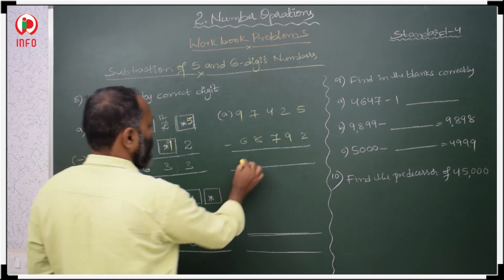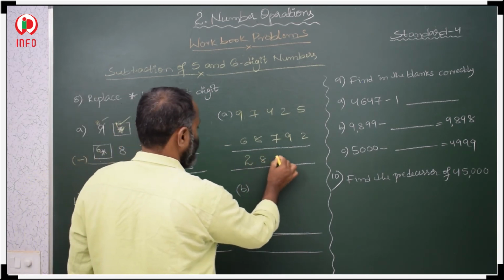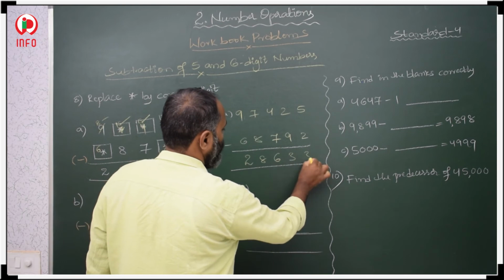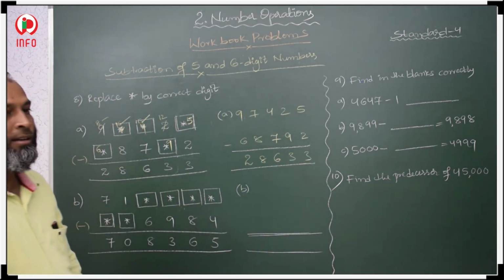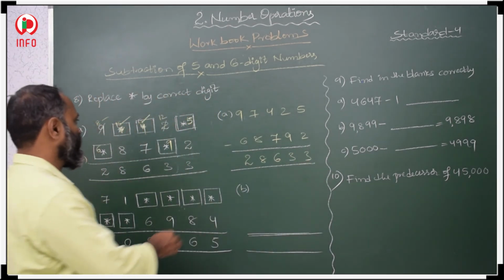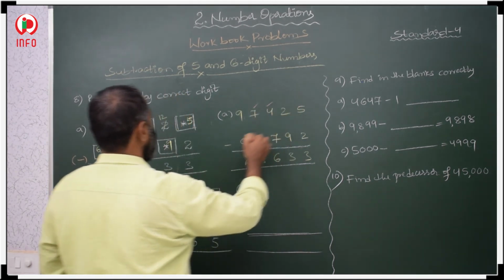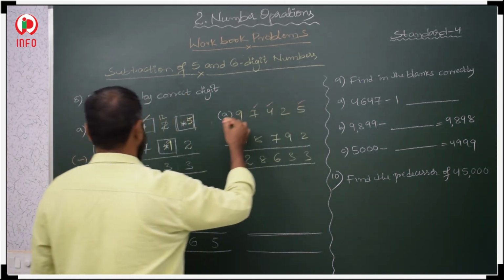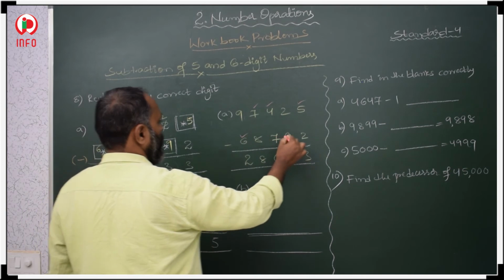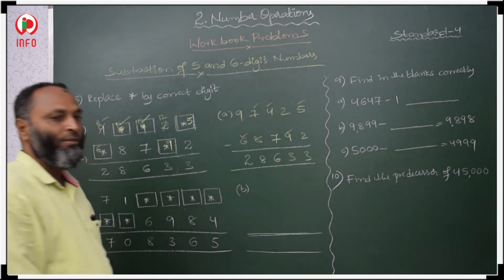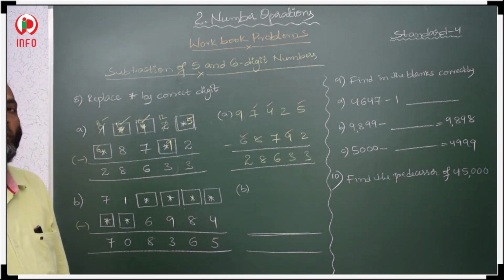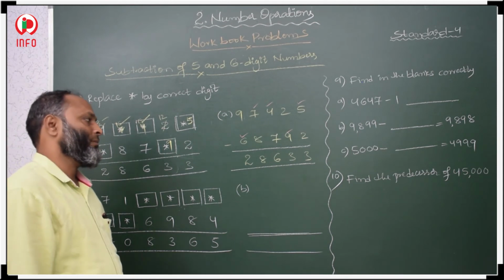It will get 28,633. This is your answer. Missing numbers. What are the missing numbers? These two are missing numbers and this one is missing. And here this one and this one. So this we found. In this way we have to think and find the missing numbers.